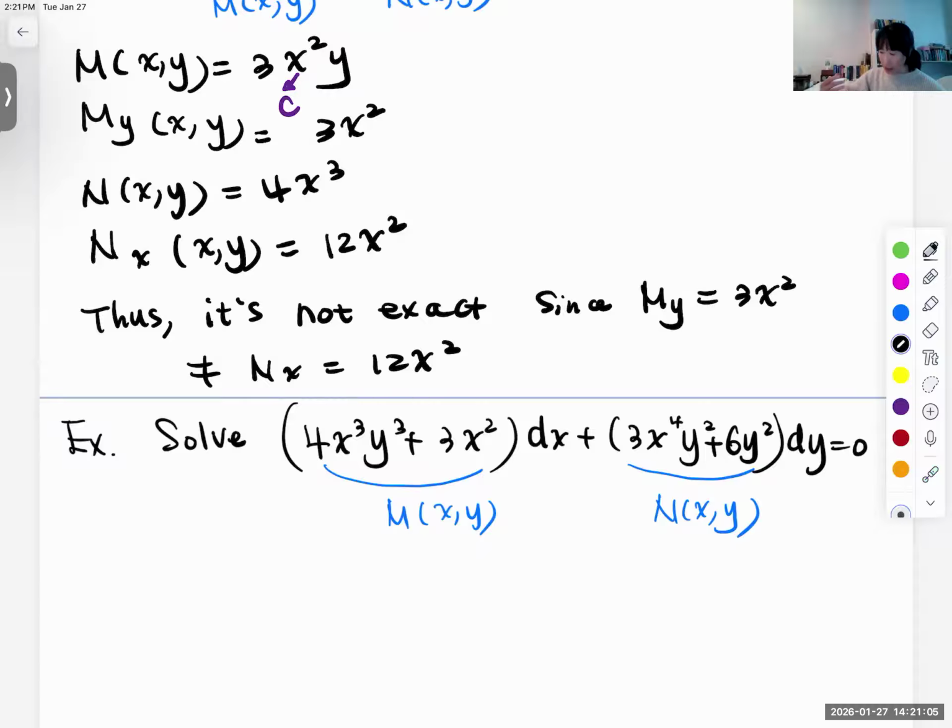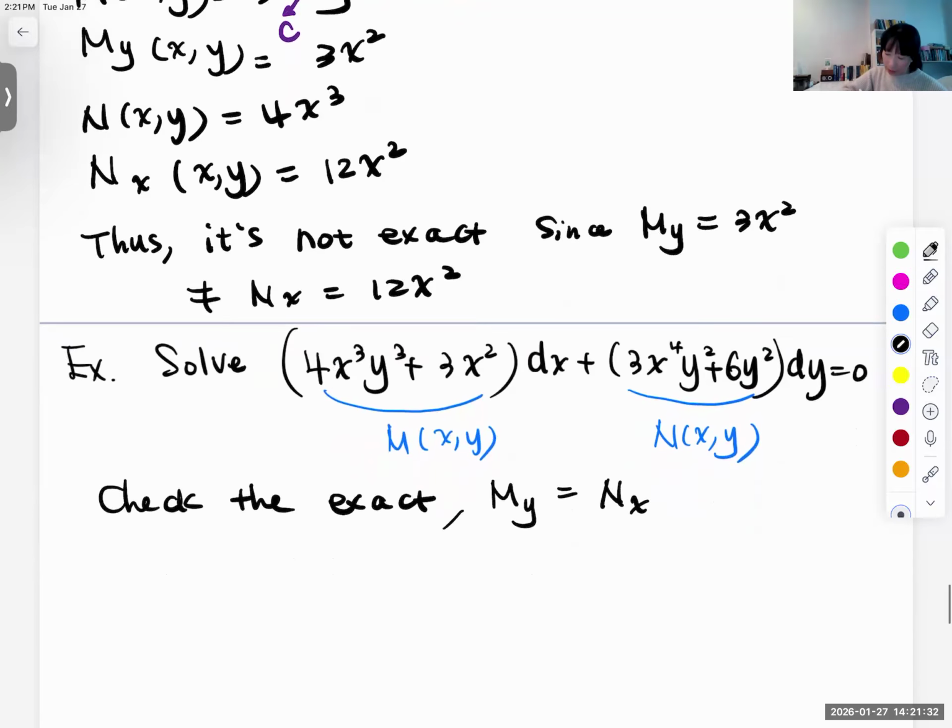So how do you find exactness? We have only this form, so we need to check that it is exact. We have to show that the partial derivative with respect to y of the m equation equals the partial derivative with respect to x of the n equation, right? So we have m of xy equal to 4x to the third y to the third plus 3x squared.